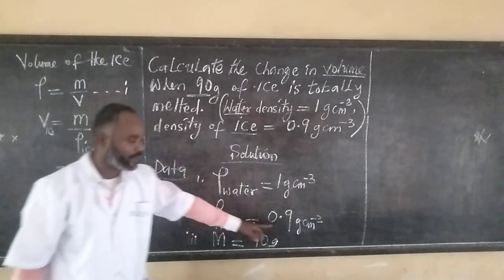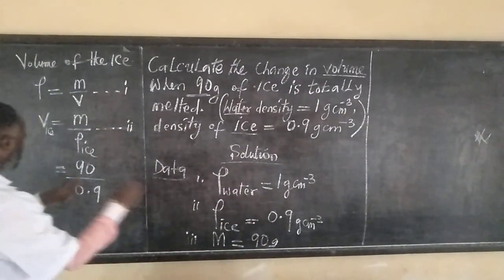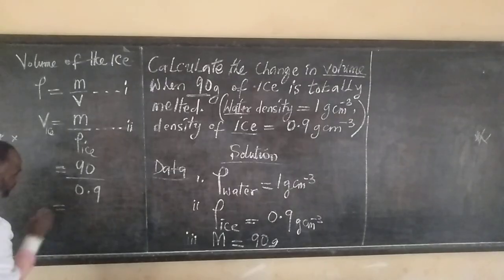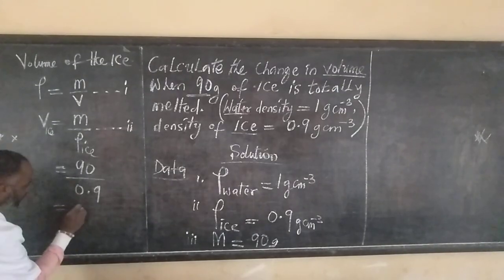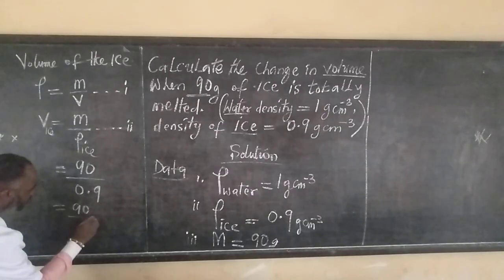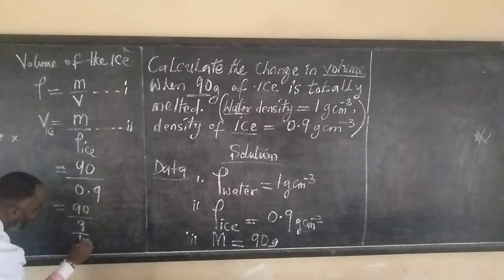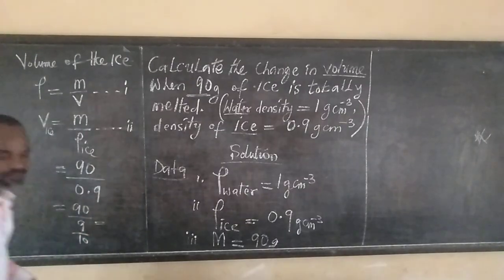If we simplify further, this becomes 90 all over 9 over 10, and this is going to be a very simple thing.